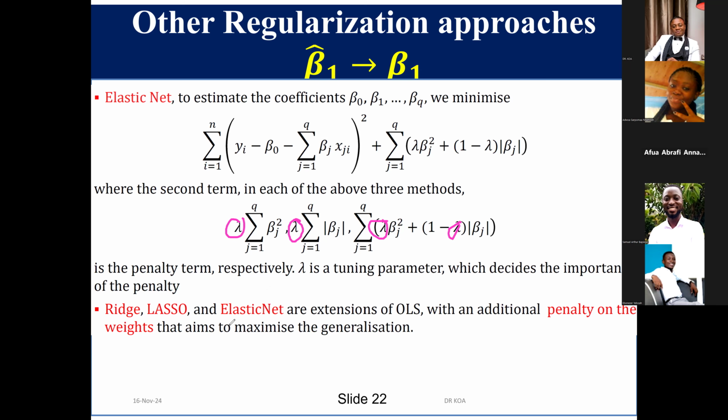We know the weight is important. We know the beta one is important. We know it tells you how much more the independent variable affects the dependent variable. We know it. Okay, but they indicate more importance to that, by generalizing the equation of the OLS.